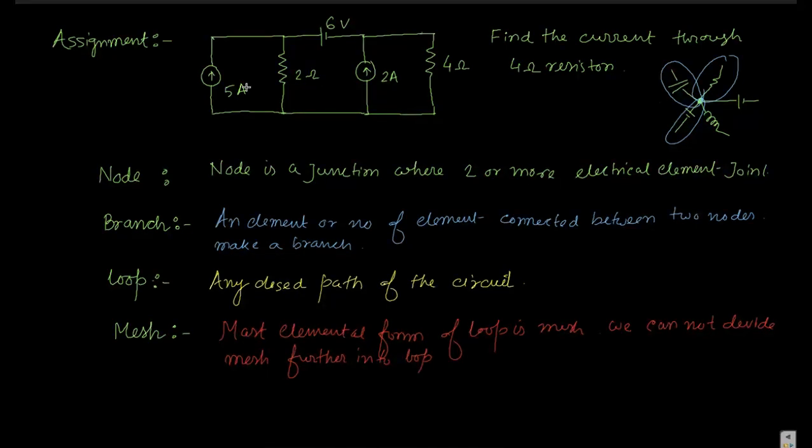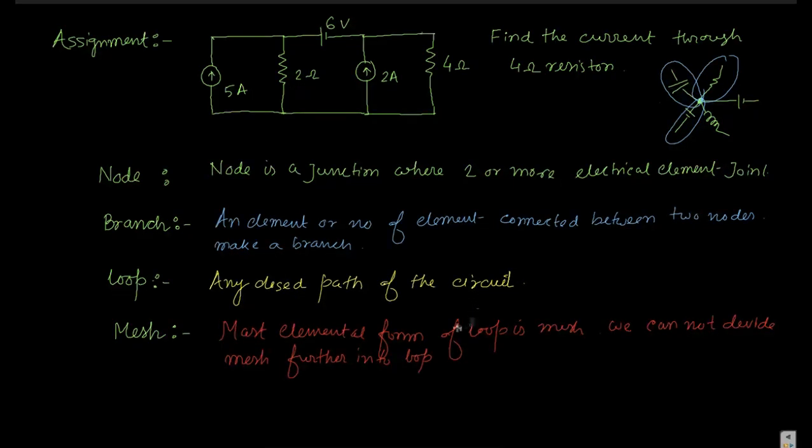Just keep two or three things in your mind: how you analyze a path, how you analyze a current, how you analyze a voltage. Depending upon that we can determine the positive or negative, whatever it comes according to the circuit.